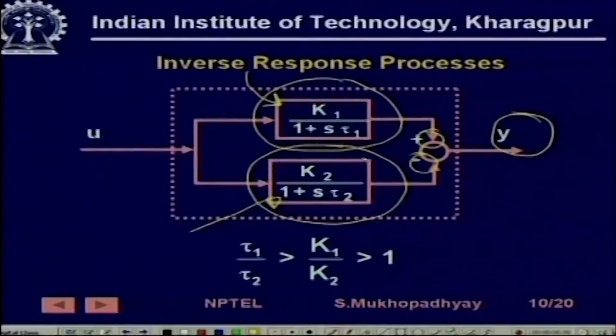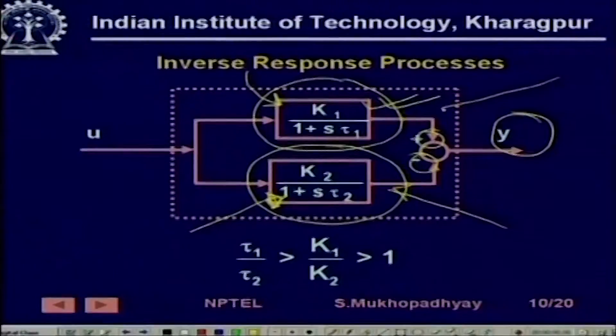The second fact is that in the short time scale, that is in the initial phases, this one dominates, and in the long term this one dominates. So, when you have such a situation, then obviously in the short term you will get an effect according to this one, and in the long term you will get an effect according to this one, and they are opposing.